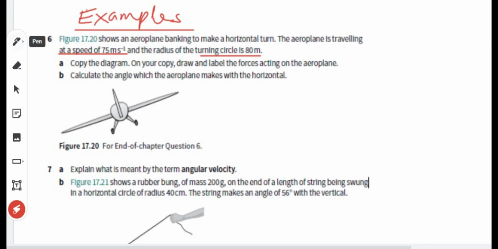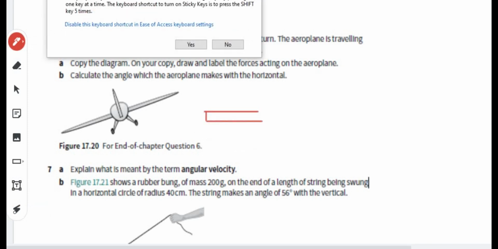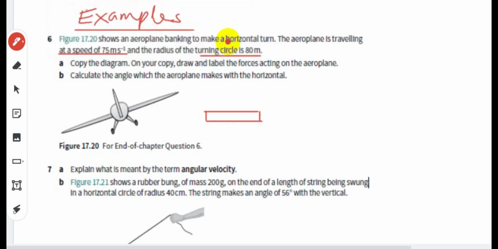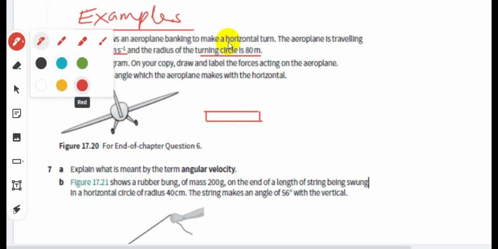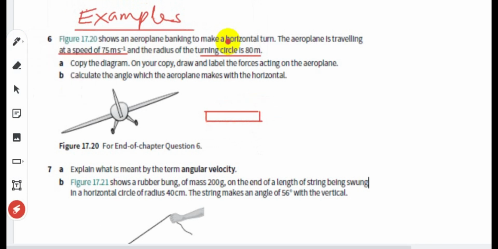I need to say a few things about banking in the case of this aeroplane that is moving. First of all, whenever an aeroplane is moving in the air, it has to provide a lift that will counter the weight. I'm going to use this diagram to represent the aeroplane. The weight acts vertically downward, always.